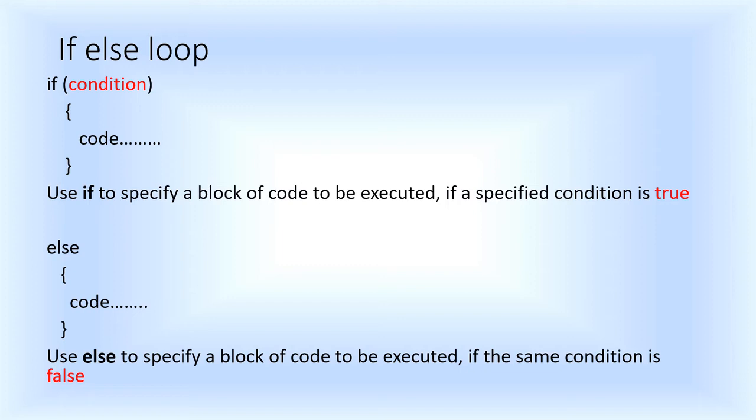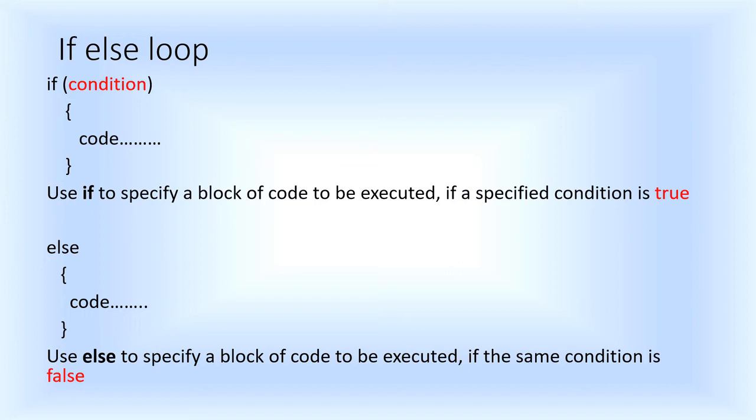If that highlighted condition is true, then only the if part will be executed, or else the else part will be executed. We use else to specify a block of code to be executed if the same condition is false. Here it is to be noted that else does not require any condition. It is the default: if the condition is false, then the else part will be executed.